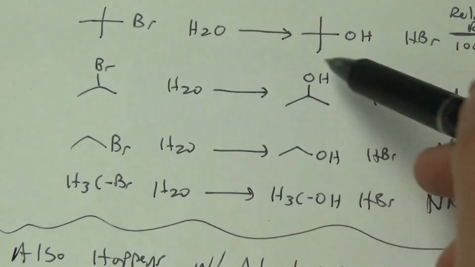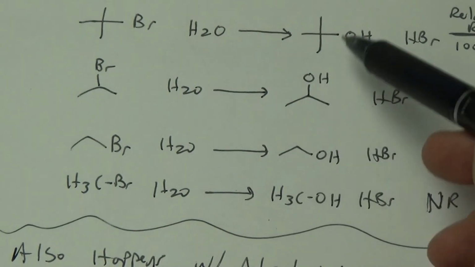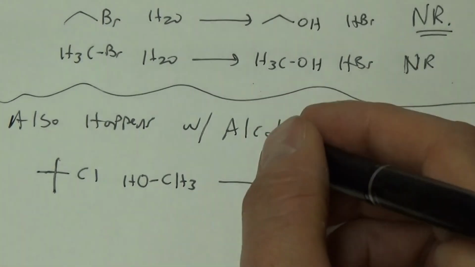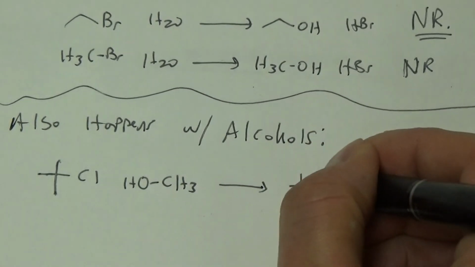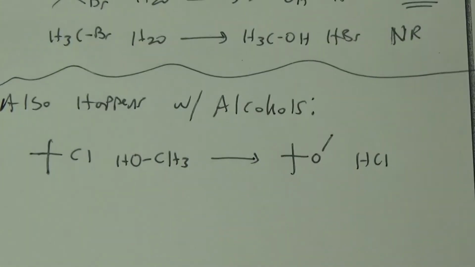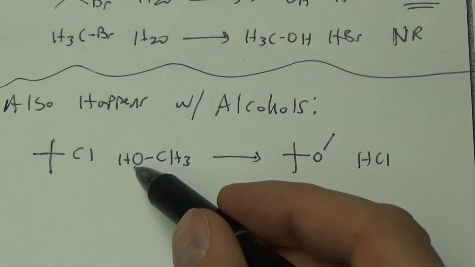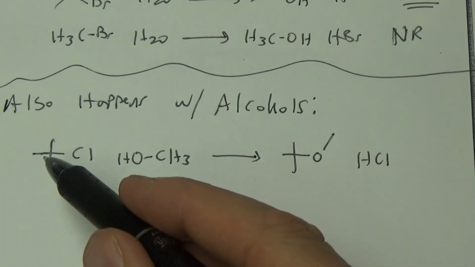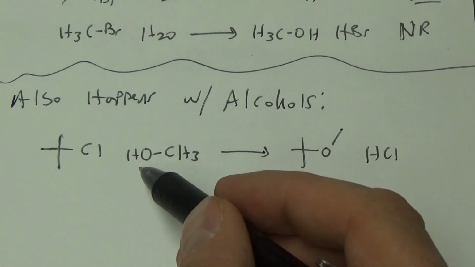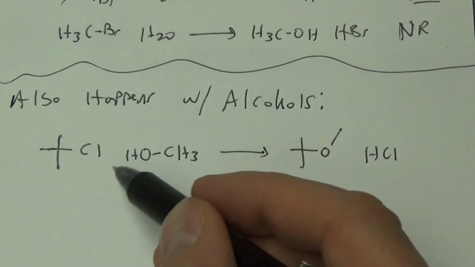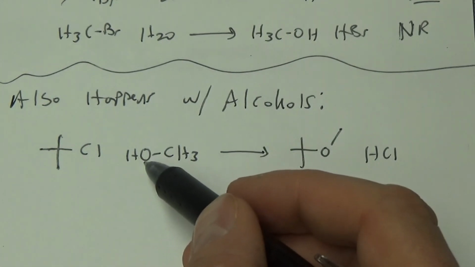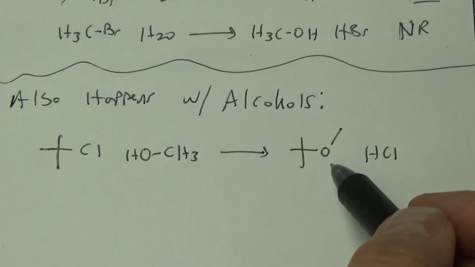We're going from a bromide to an alcohol. Now we're actually reacting chlorides with alcohols, and we're making ethers. So it's like the oxygen is attacking, but there's more to the mechanism. It's not like SN2, where the nucleophile attacks and kicks off the leaving group. That's not what's going to happen. But generally speaking, this replaces the leaving group, and then you get an ether, right?